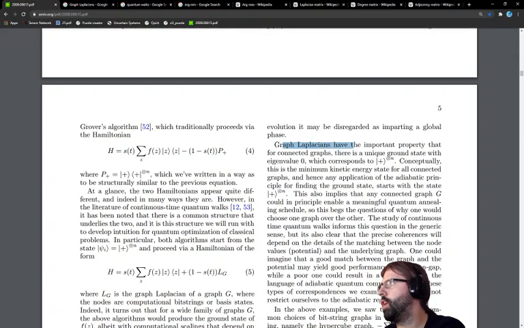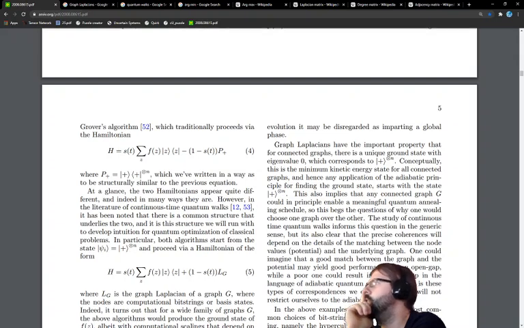Graph Laplacians have the important property that for connected graphs, there is a unique ground state with eigenvalue 0, which corresponds to the plus state, the superposition. Interesting.